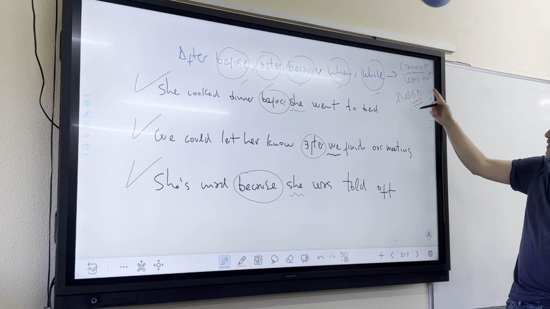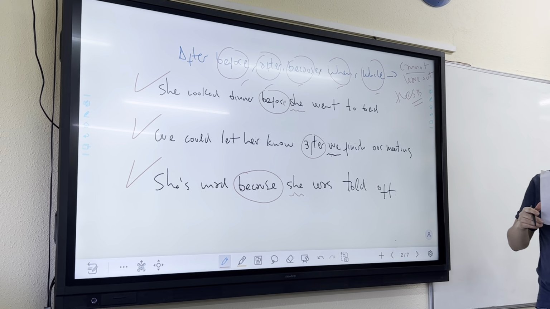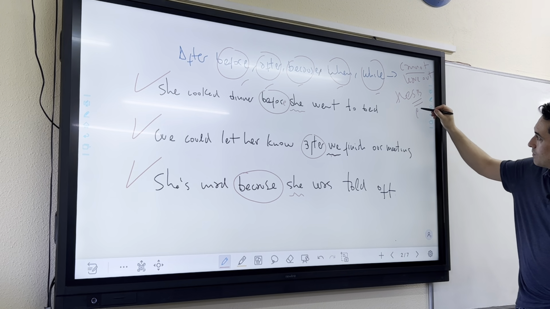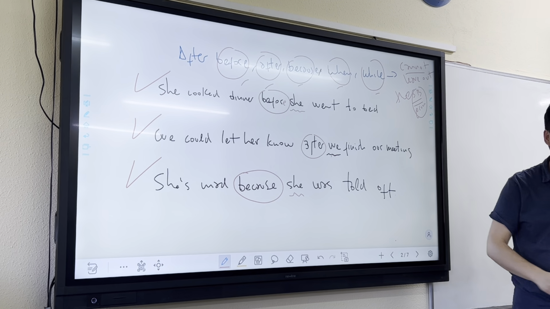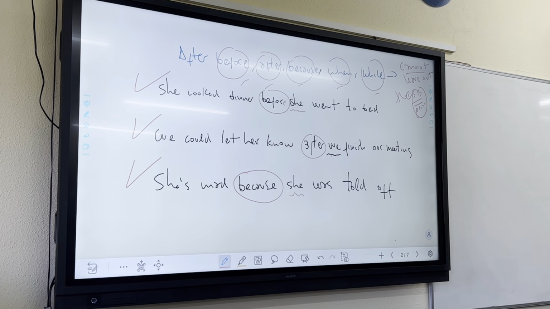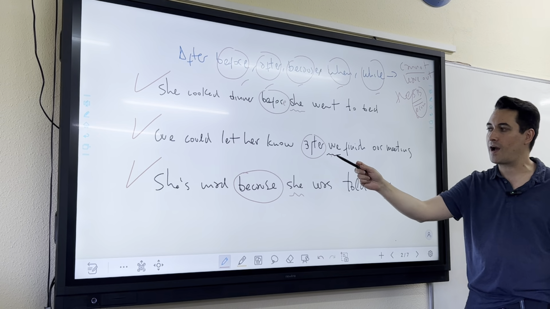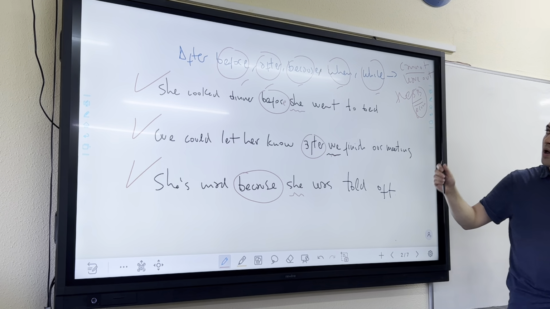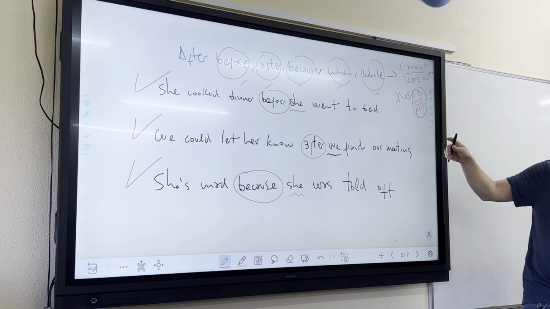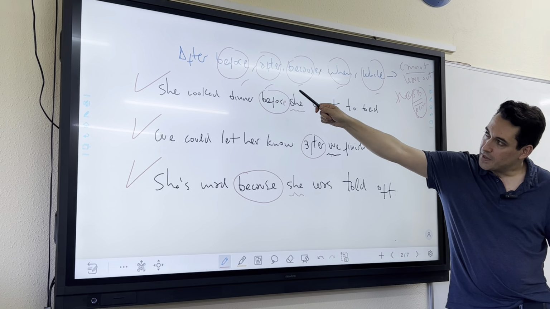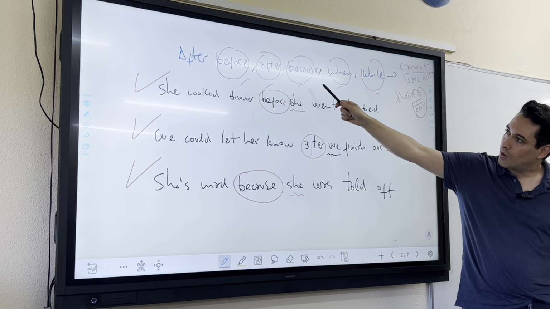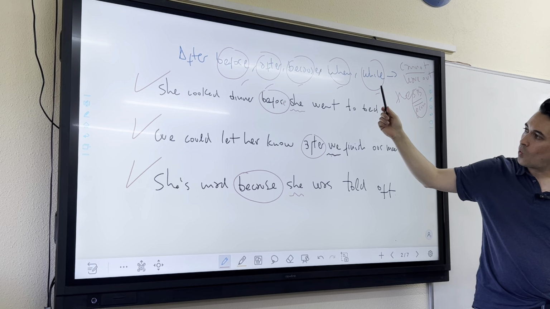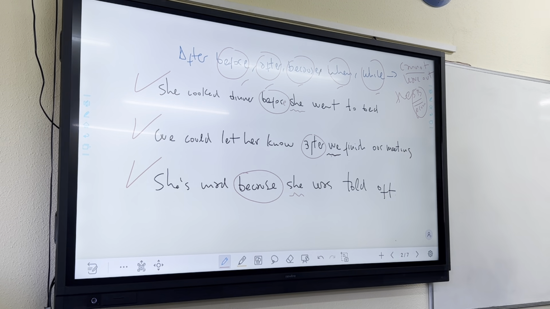The subject pronoun. We cannot make an ellipsis, all right? Ellipsis is not possible. We would need ing: before going, after finishing. Ellipsis is not possible after before, after, because, when, while. It is not admitted.